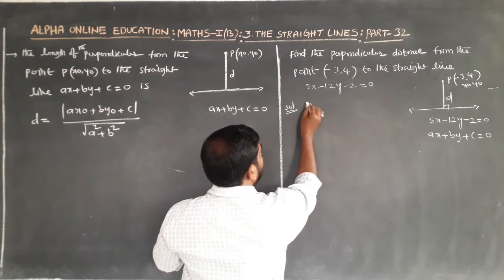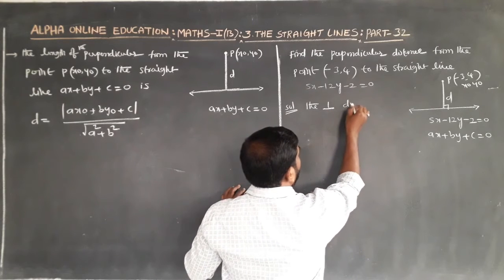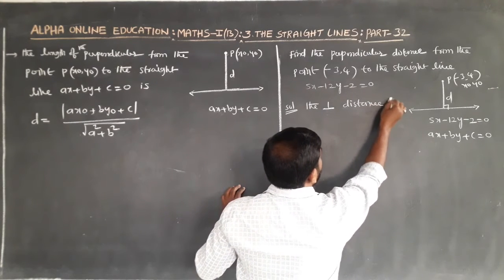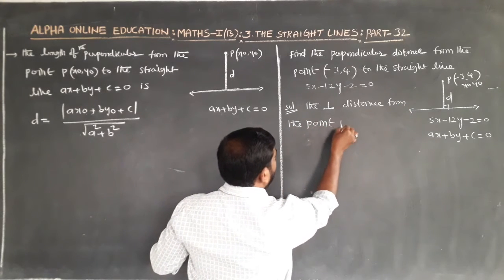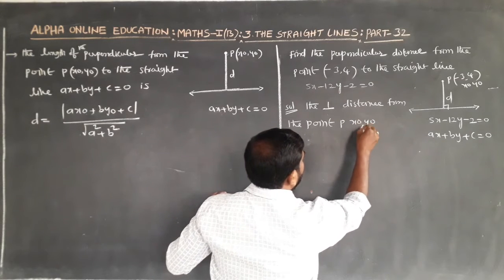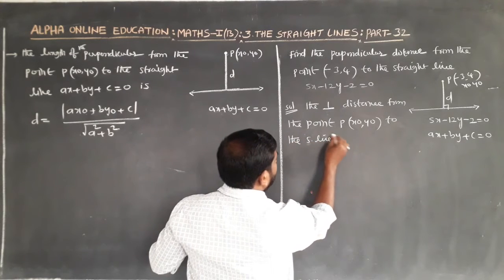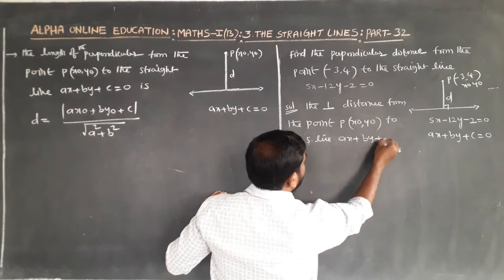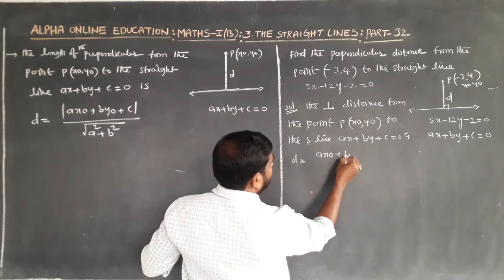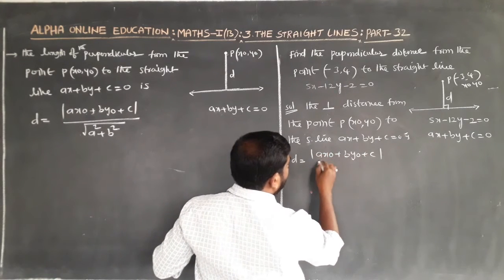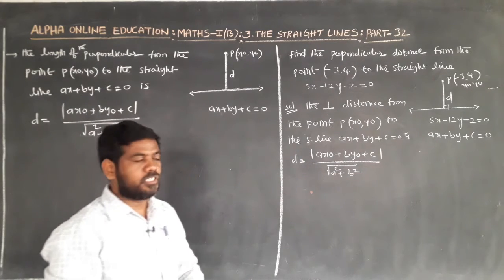The perpendicular distance from the point P(x naught, y naught) to the straight line ax plus by plus c is equal to 0 is mod of (a x naught plus b y naught plus c) by under root of a square plus b square.